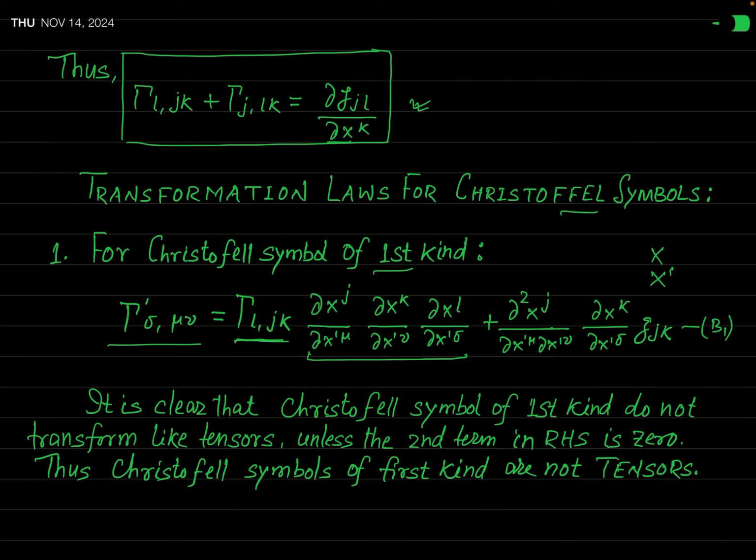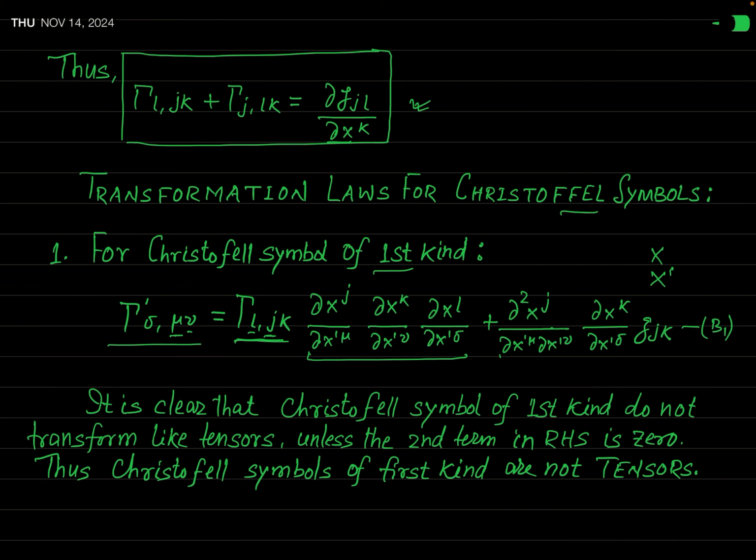So obeying that, you can write this first term. Here this will be del xj by del x dash mu. When you take this index, you have to take this index in the denominator. And del xk by del x dash nu, times del xl by del x prime sigma.